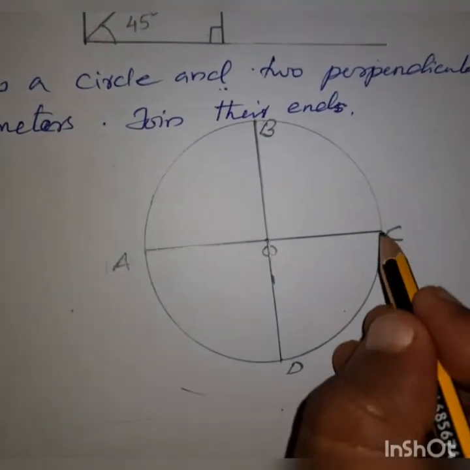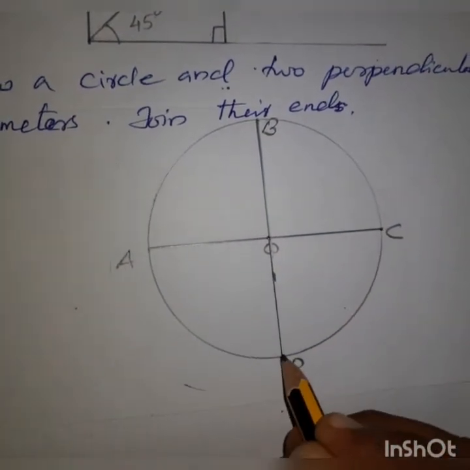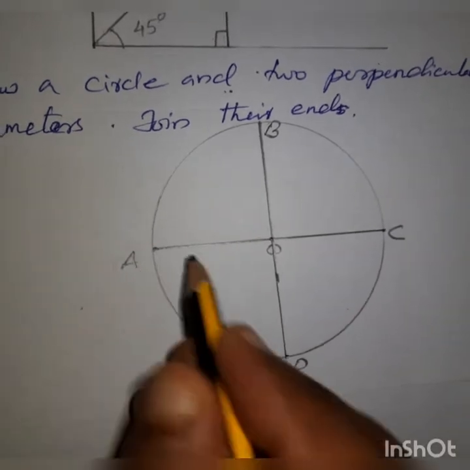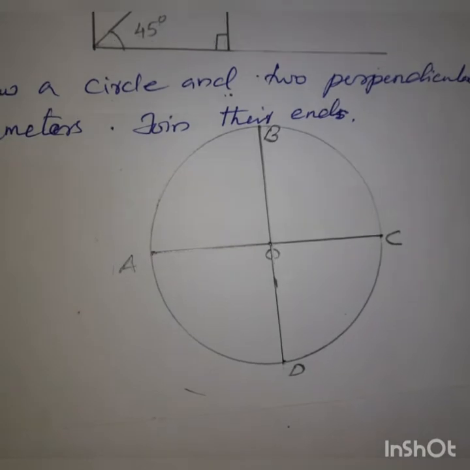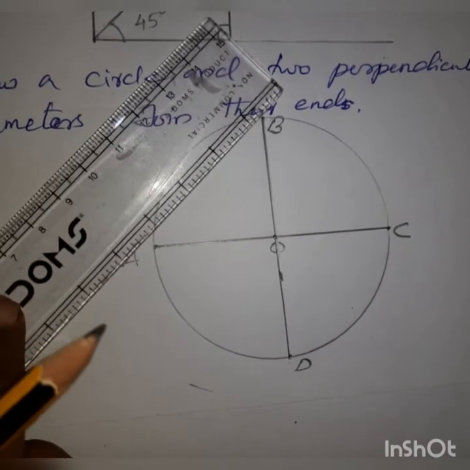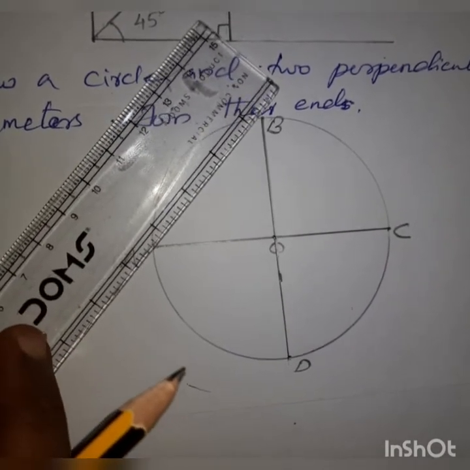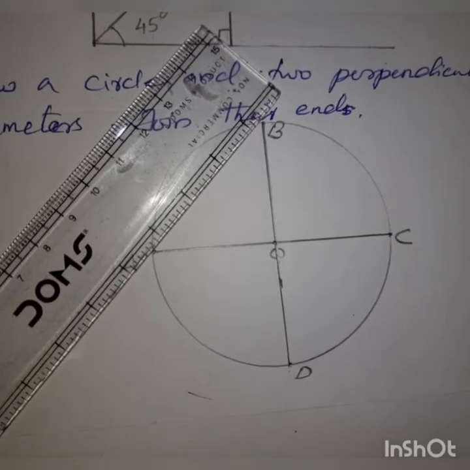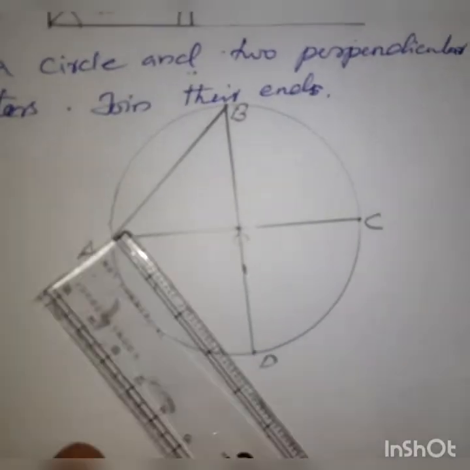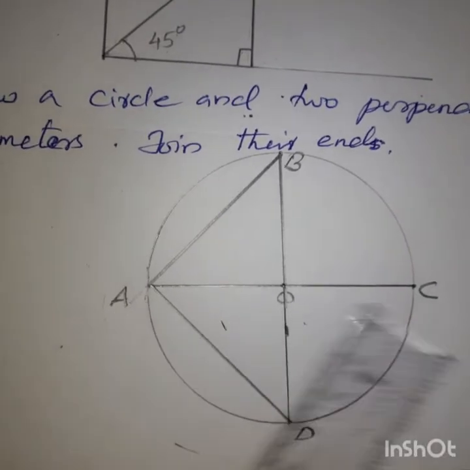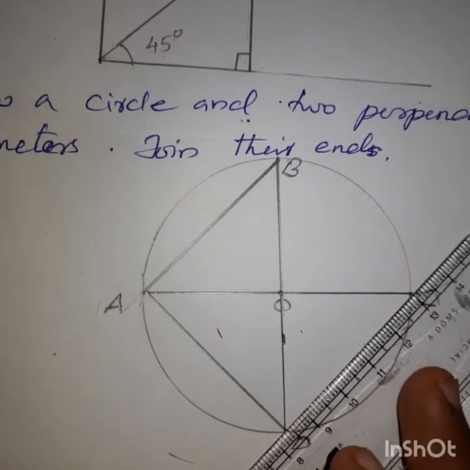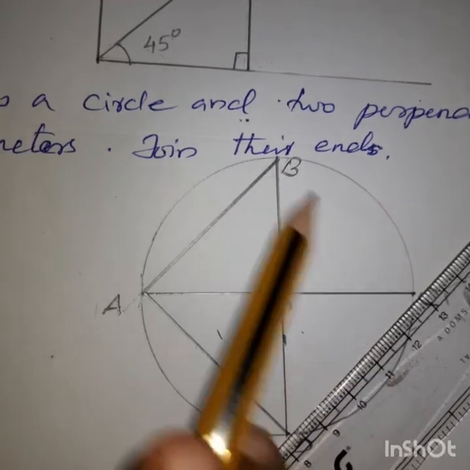Then if you join these corners from C to D, D to A, A to B and B to C, you will get a square. So first of all, I am joining A and B. AB is joined. Next you can join AD. Next you can join DC and CB.